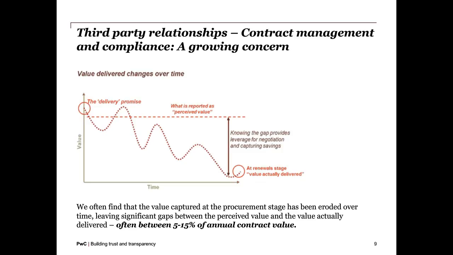You may ask, well, what types of contracts tend to be more susceptible to risk and value erosion? Well, there certainly are many, but just to name a few, IT and BPOs, simply because of their complexity with pricing and SLAs, service level agreements.